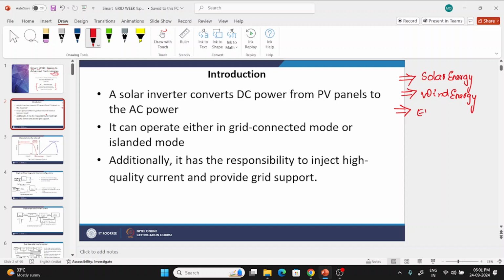electric vehicle charging, and we will also see how the battery management system works in any electrical system or in solar based energies. Then we will go through the hybrid microgrid.